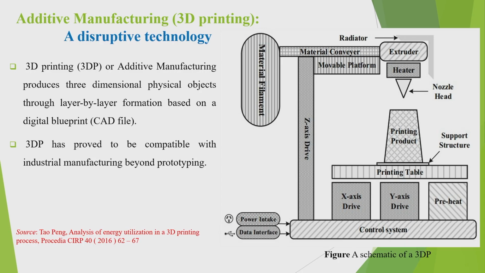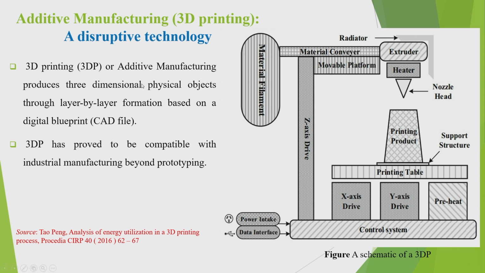Now, let me talk about additive manufacturing also, which is again one disruptive technology. Disruptive technology means that it has disrupted, or it has finished, many other technologies. That is the advantage, or the influence, of this process, and it is part of Industry 4.0. 3D printing is also called additive manufacturing.